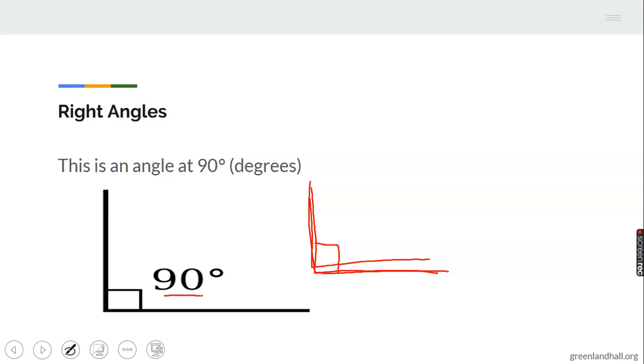Anytime you see an angle on a straight line like this, and this sign here, this edge here shows that it is 90 degrees. So when you see any angle like this, it is a right angle. It's a what? Right angle.